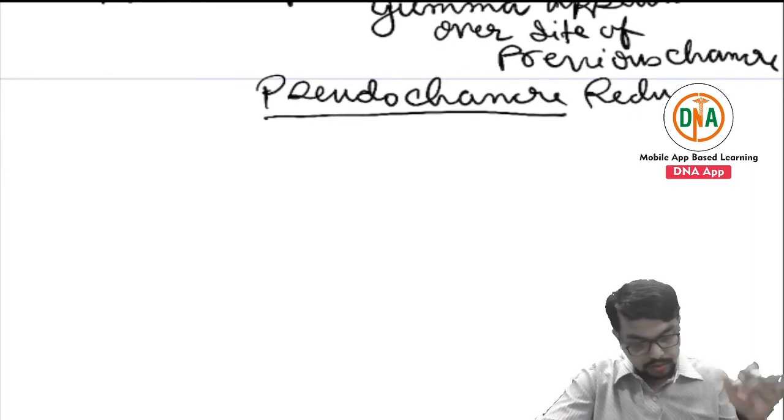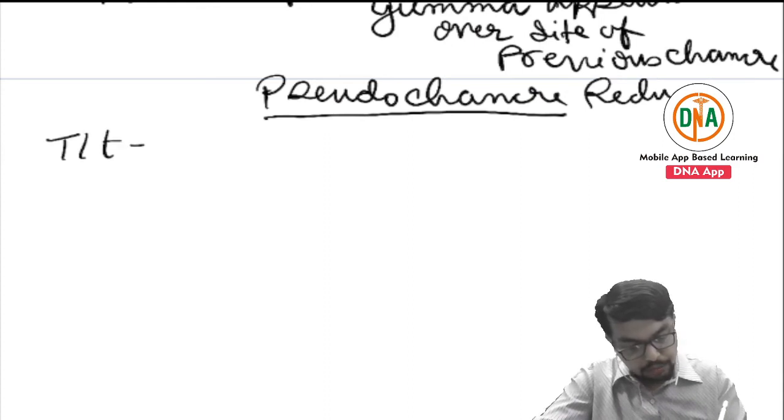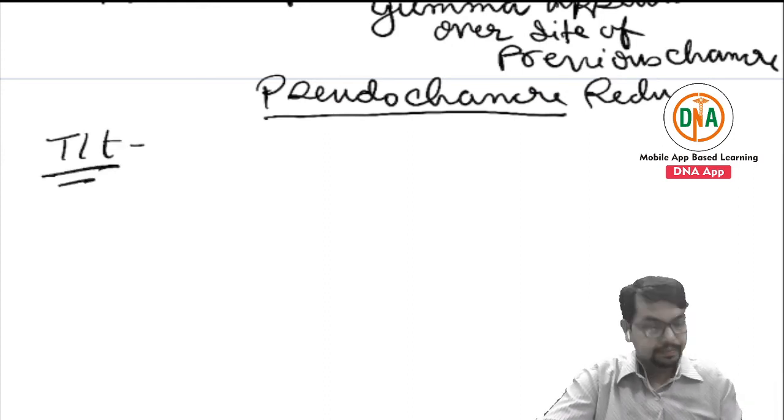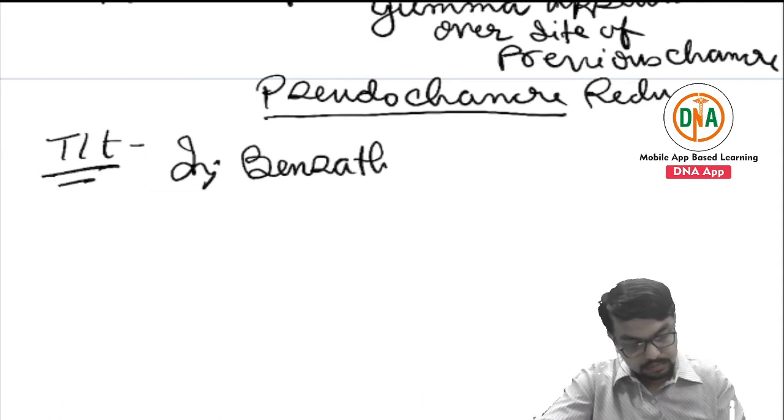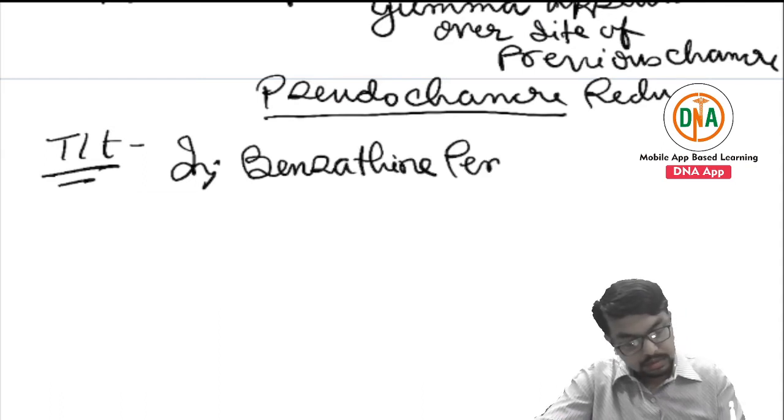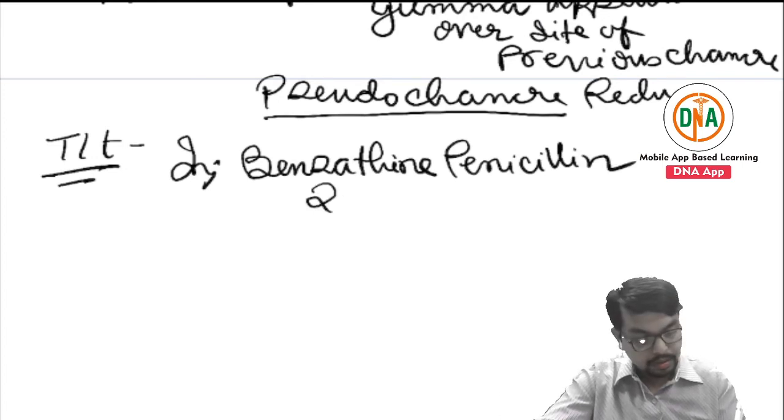Next, what is the treatment of syphilis? We all know the treatment. Yes, it is injection benzathine penicillin. We all know the dose also. We give 2.4 million units.